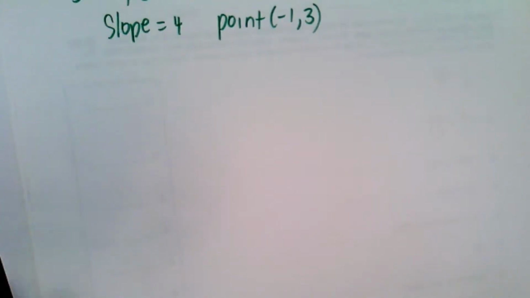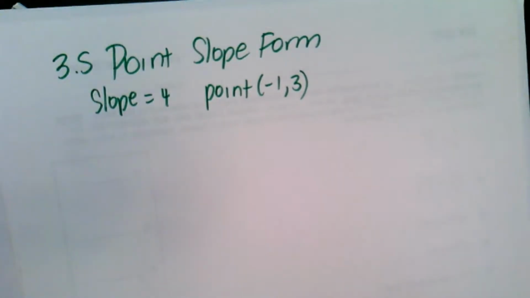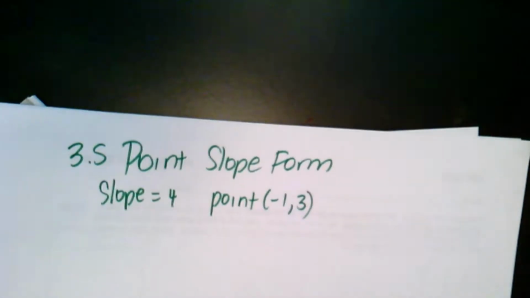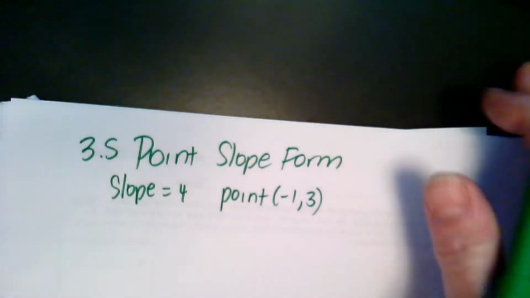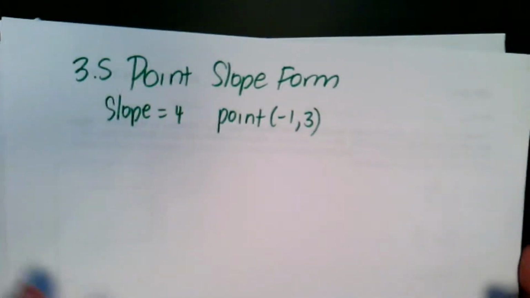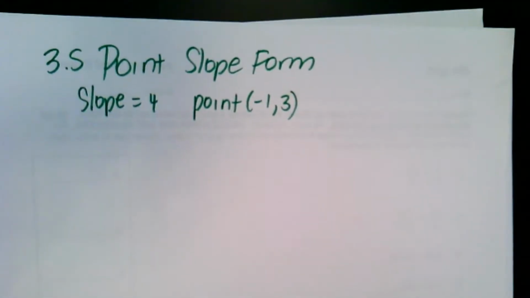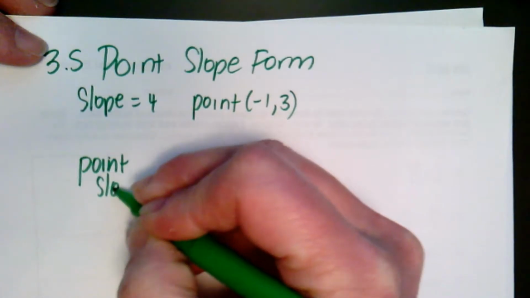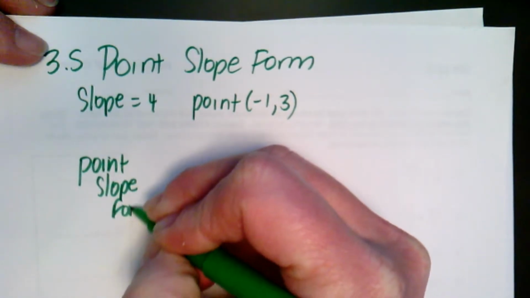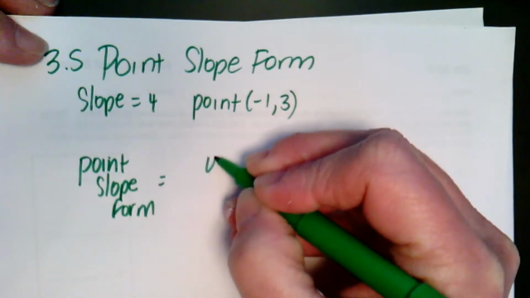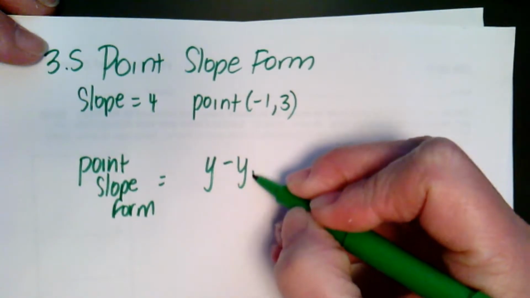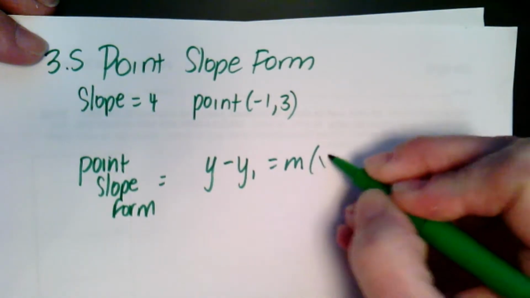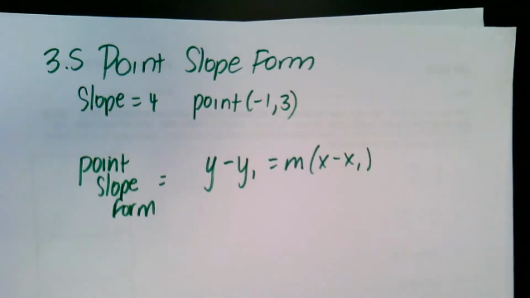Alright, so two things you gotta remember are what is the point slope form and what's the slope intercept form. So let me get this lined up right. First thing is just remembering this formula for our point slope form.